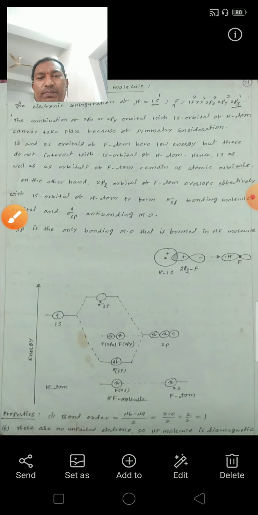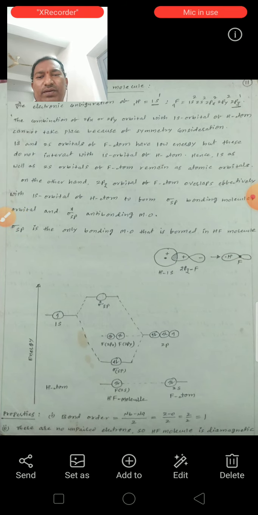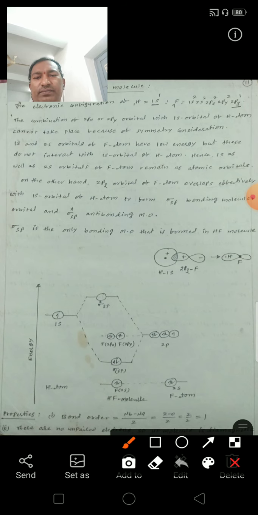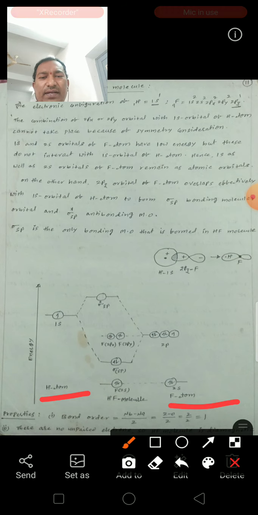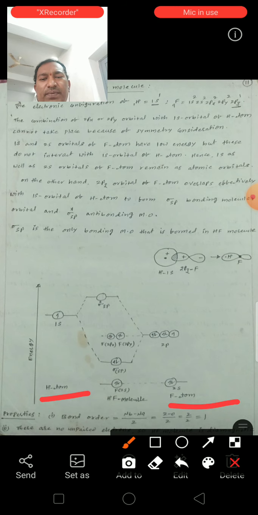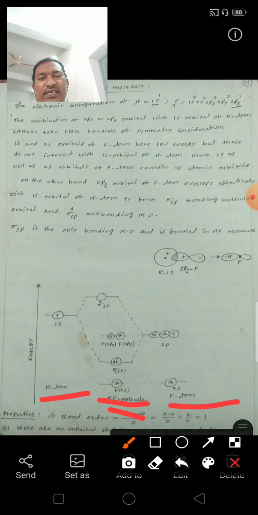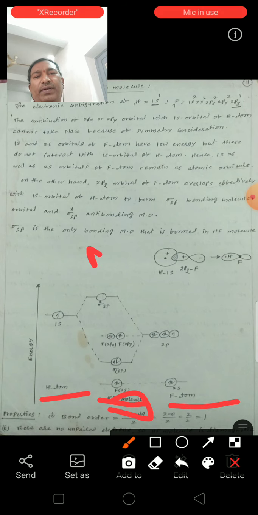Now see the molecular orbital energy diagram. This is the hydrogen atom with its 1s orbital, and this is the fluorine atom with 2s orbital 2 electrons, and 2p orbitals 2px2, 2py2, 2pz1. Here the 2s orbital of fluorine remains the same. This is the HF molecular orbitals.